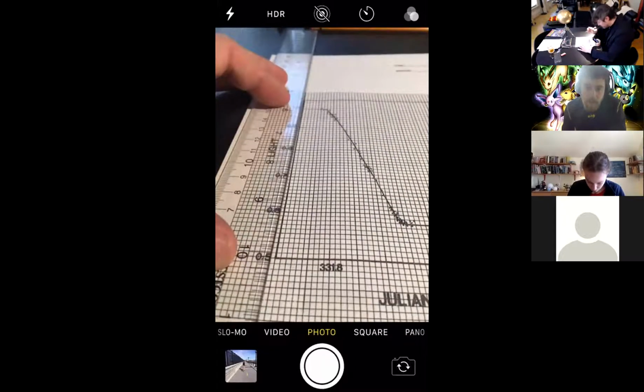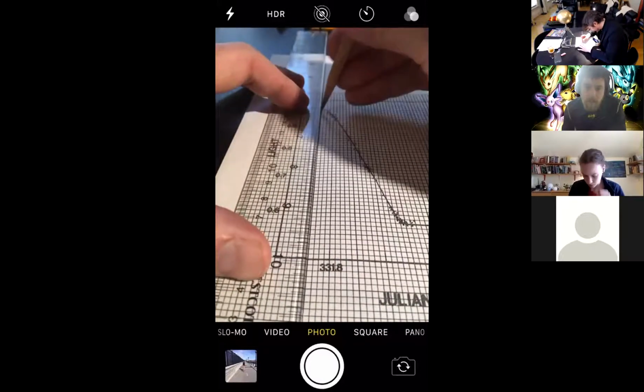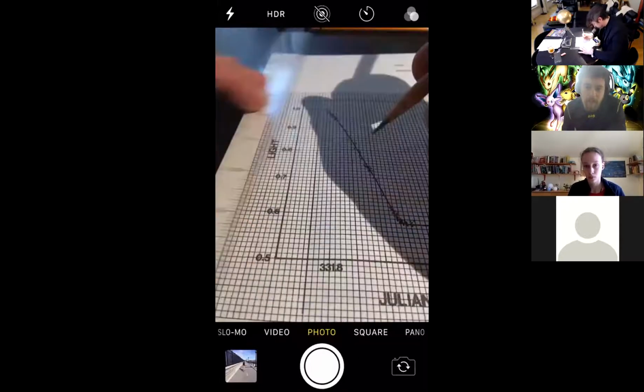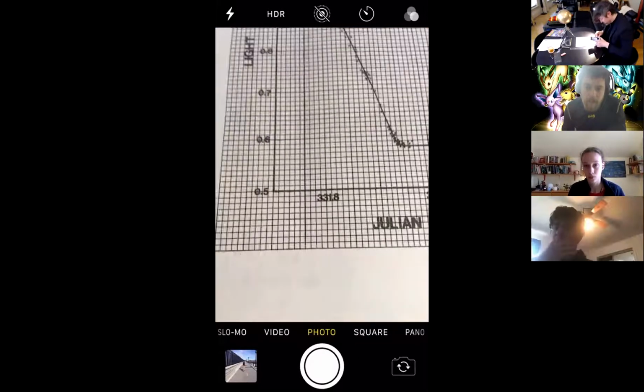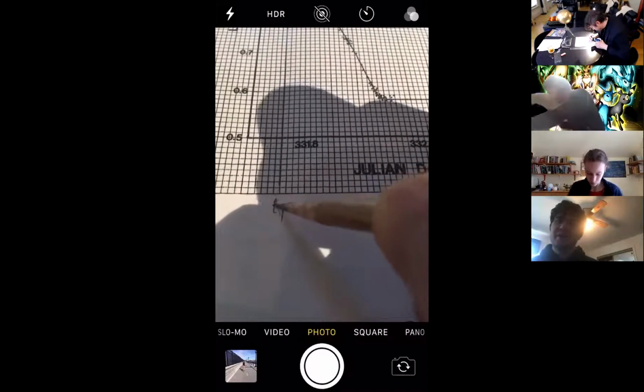Okay, and geez, that's barely light. I don't even know if you guys can see that. Whew. Can you guys see that? Yeah. All right. That's our T1, right? Yeah. Okay. That's our first contact.